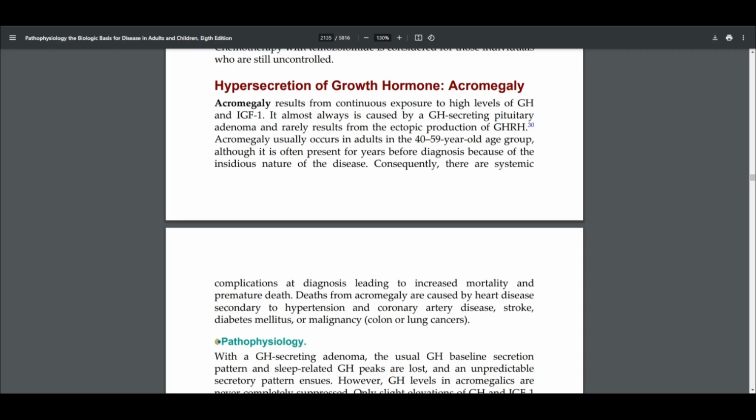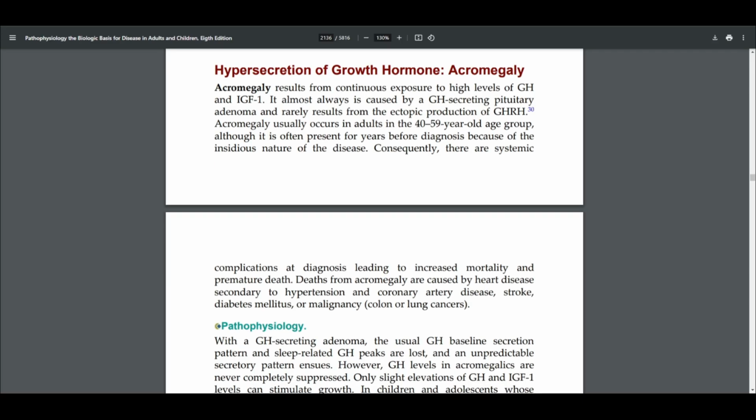Acromegaly results from the continuous exposure to high levels of growth hormone and IGF-1. It almost always is caused by a growth hormone secreting pituitary adenoma and rarely results from an ectopic production of GHRH. Acromegaly usually occurs in adults anywhere in the 40s to 59-year-old age group, although it is often present for years before diagnosis because of the insidious nature of the disease.